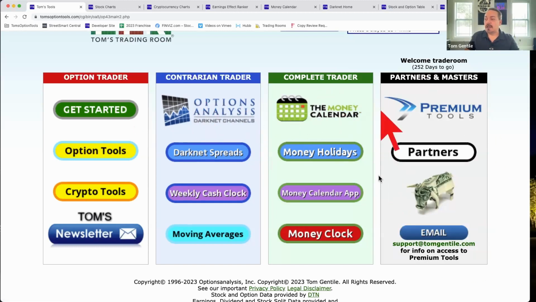Now, over here on the right-hand side, we have something called our Partners and Masters. I've teamed up with a lot of our ex-Optionetics group. So I've got Joe Contes, Jay Harris, Jeff Beamer, Mike Wade, Rob Roy. I've got over half a dozen different Optionetics instructors from the past who have taken on a specific area that they like in terms of trading.